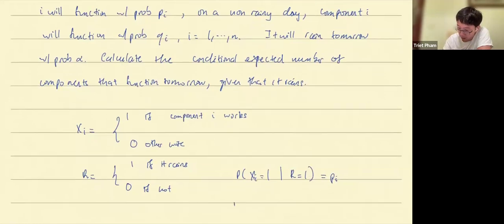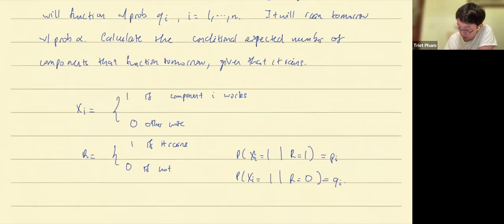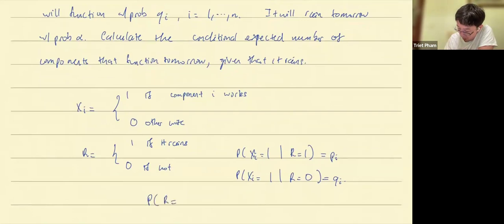The probability that xi is 1 given r equals 0 is qi. Well, it will rain tomorrow with probability alpha. So the probability r equals 1 is equal to alpha.